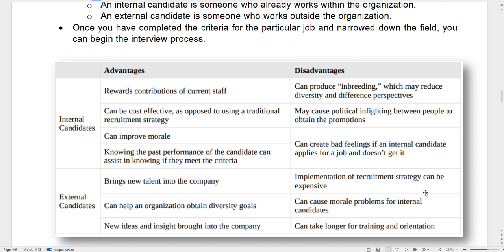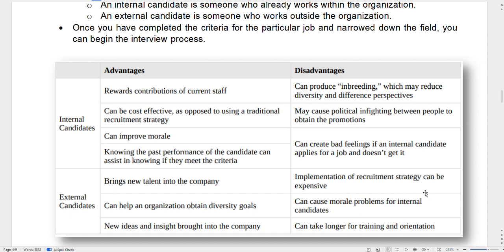Maganda ang performance, 'yun. So, sa external naman, syempre, bago, galing sa labas, new talent. Kumbaga, new blood, fresh ideas, 'yun. So, because of that, there is also diversity. Yan. And new ideas and insights can be brought into the company.